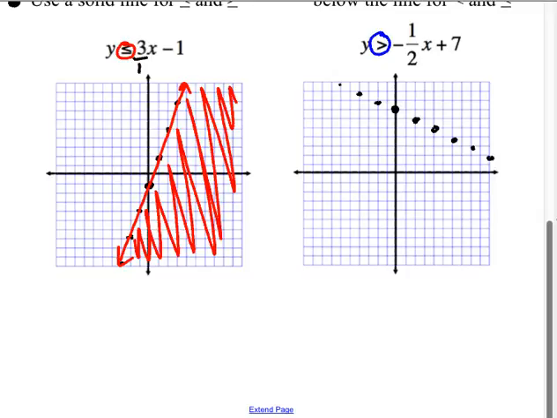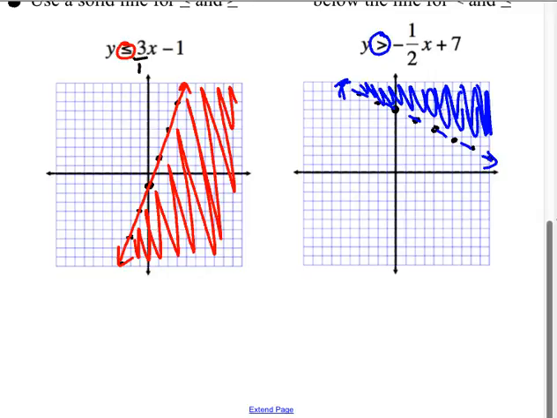It does not have that or equal to piece, so that means I am dashing my line. Strictly less than or strictly greater than means you should be dashing it. And this time it's greater than, so I should be shading above my line. And now you're done.